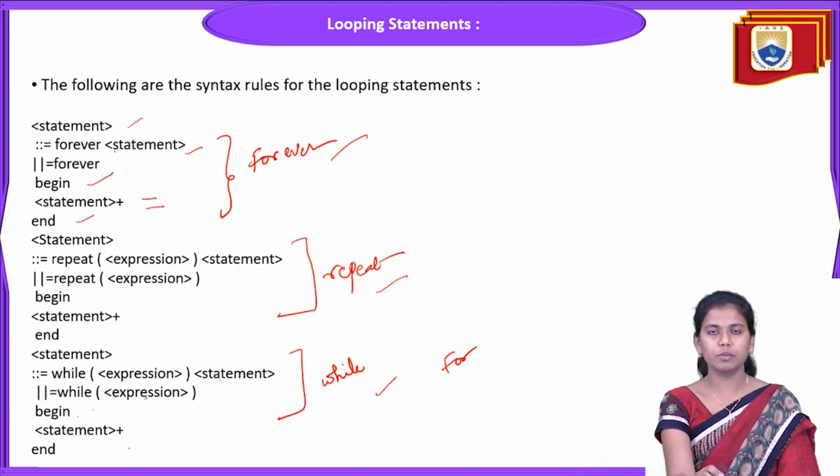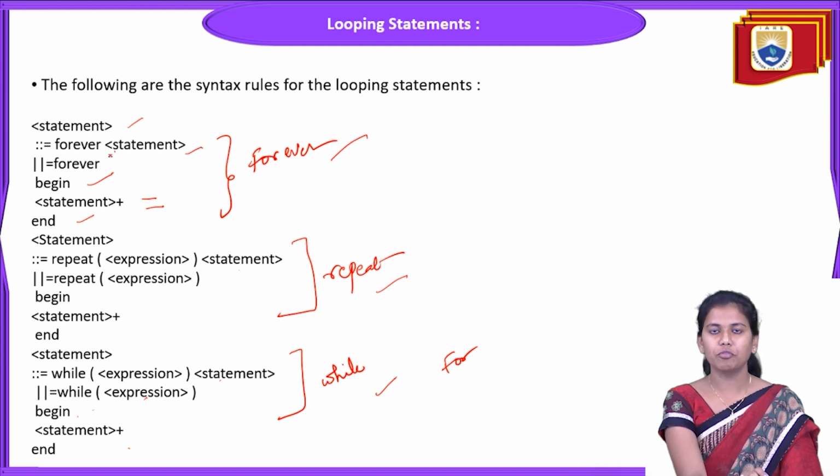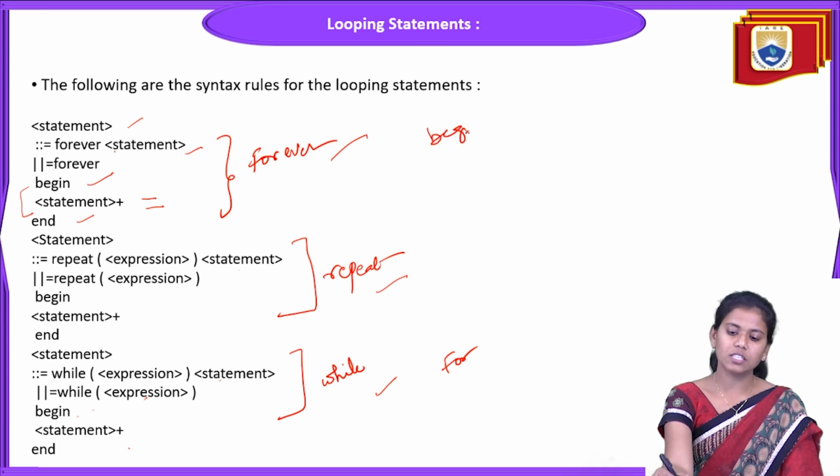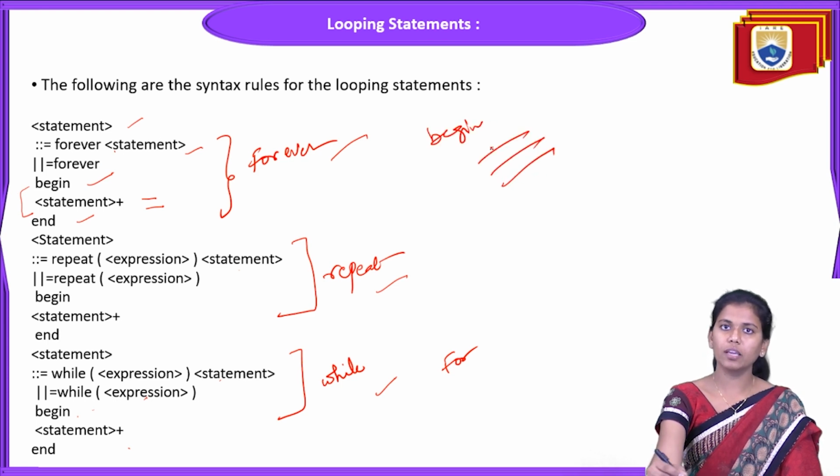So this is the general way of writing the syntax for all the different looping statements: forever, repeat, while, and for. Everywhere you can see the keyword followed by the statements and the conditions, and the statements are written only within the begin and end blocks.